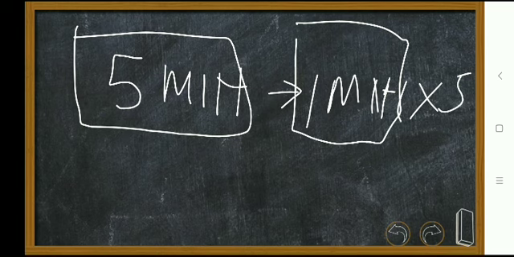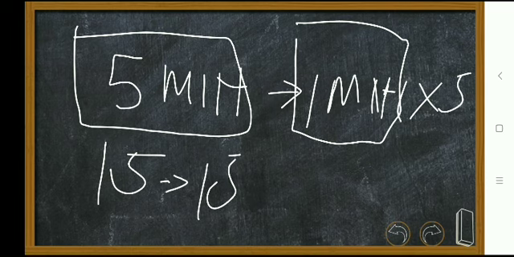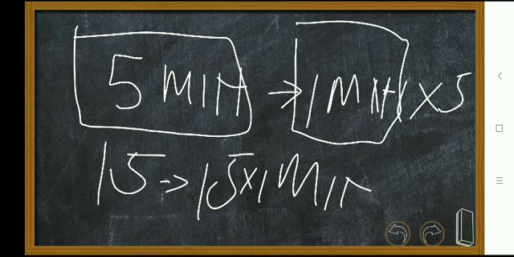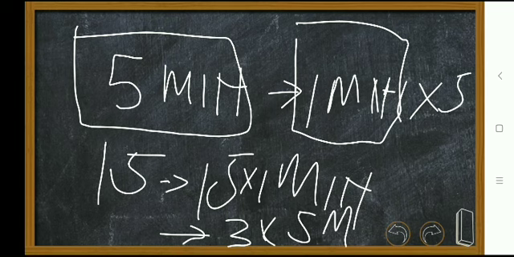The same goes for, let's say, a 15 minute. A 15 minute will be composed of the price movement of 15 one-minute candles, and also 3 five-minute candles.